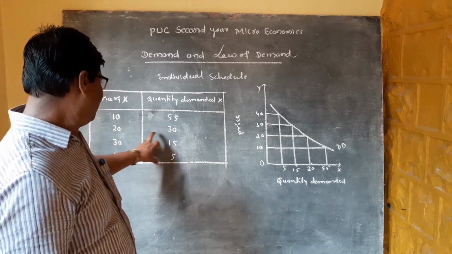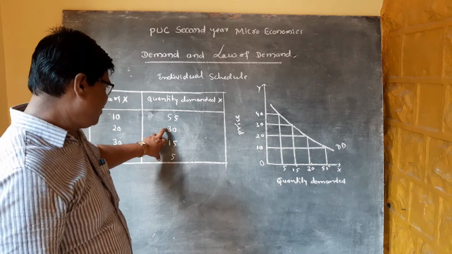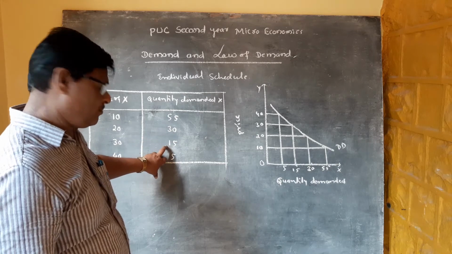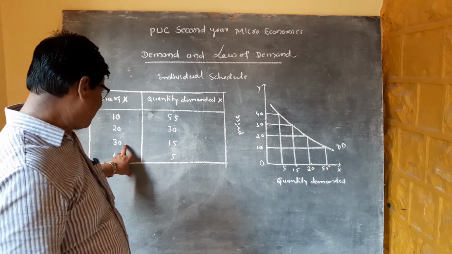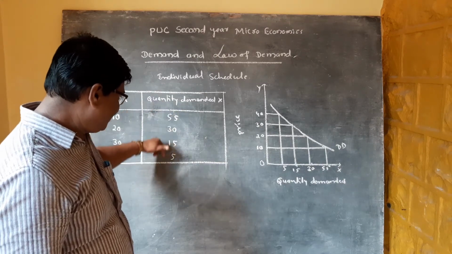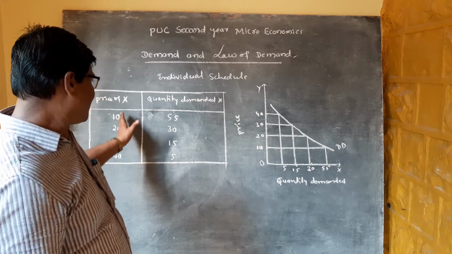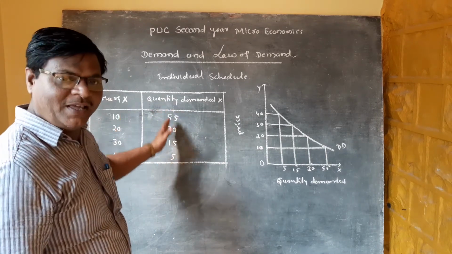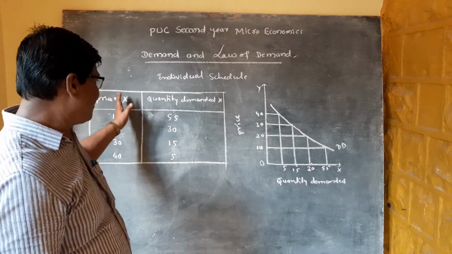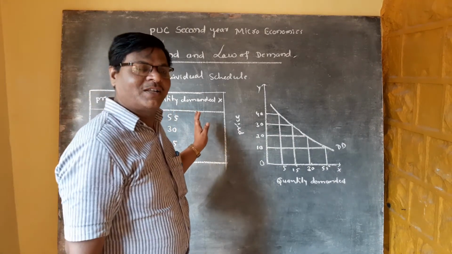When the price increases from 20 to 30, the demand decreases further, and with continuous rise in prices the demand decreases. So if prices are higher, demand will be lower; if prices are lower, demand will be higher. It is called the law of demand.